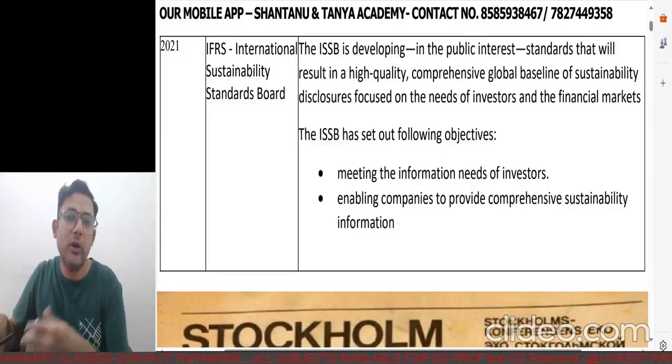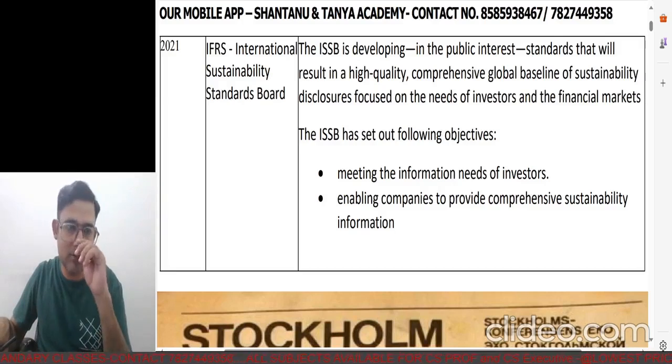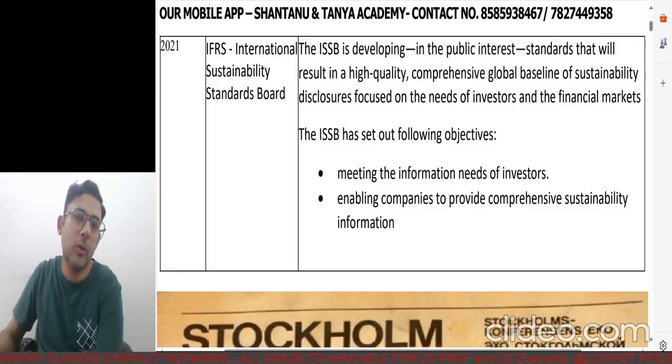And as we discussed at the start of this chapter, corporate governance has more to do with accuracy, reliability, transparency. Unless the investor gets complete information as to where the money is getting invested, and whether that is being invested in sustainable projects or otherwise, they will not be able to make an informed decision for their next investment.